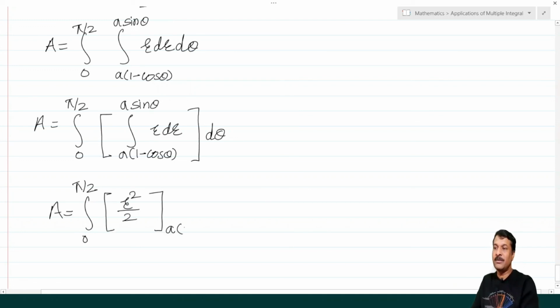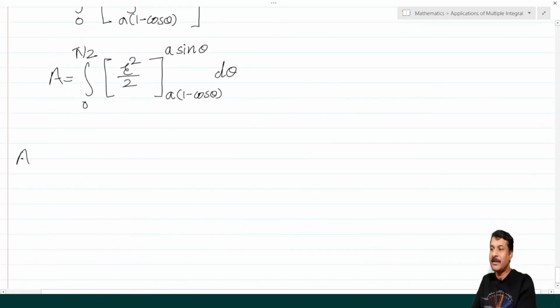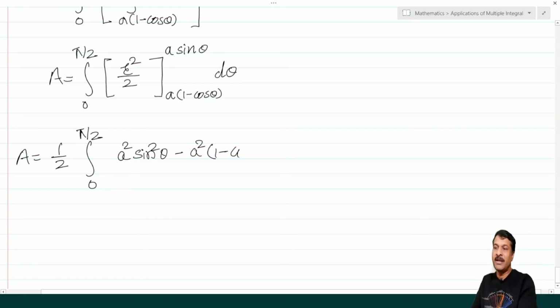So lower limit is a(1 minus cos theta), upper limit is a sin theta, d theta outside. So 1 by 2 is outside. So I am getting area equal to 1 by 2 integration 0 to pi by 2, upper limit square means a square sin square theta minus lower limit a square (1 minus cos theta) whole square, outside d theta. A square common, you take it as a constant, so outside.